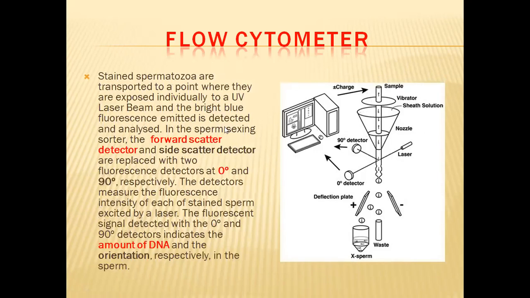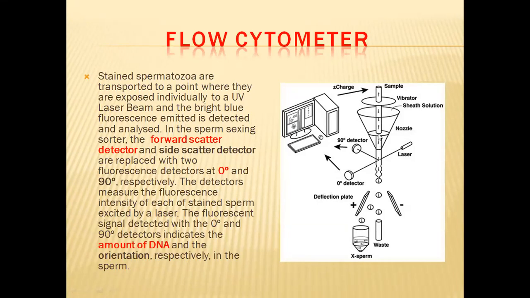After this, the sample will be taken into the flow cytometric apparatus. Here, a vibrator will be there. When the apparatus is started, the vibrator will start sending the sample drop by drop, and all these drops will travel through a nozzle.